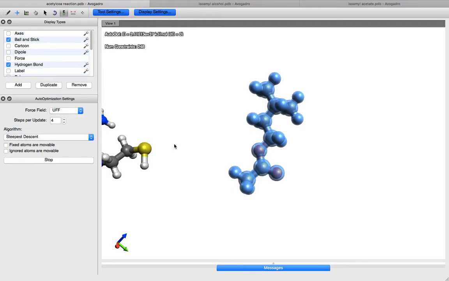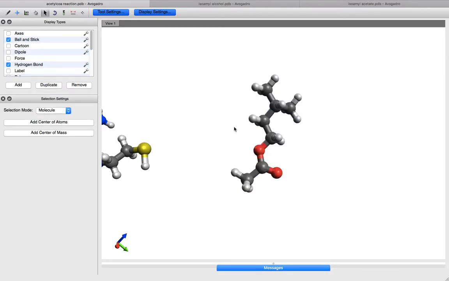The optimization algorithm can run for a while, so I'm going to stop it because this is going to be pretty close to its theoretical shape. So there we have it. We now have isoamyl acetate, which is the molecule that smells somewhat like banana.